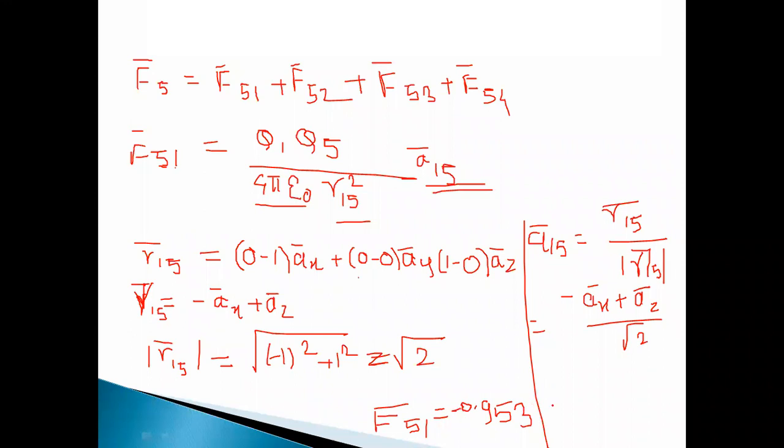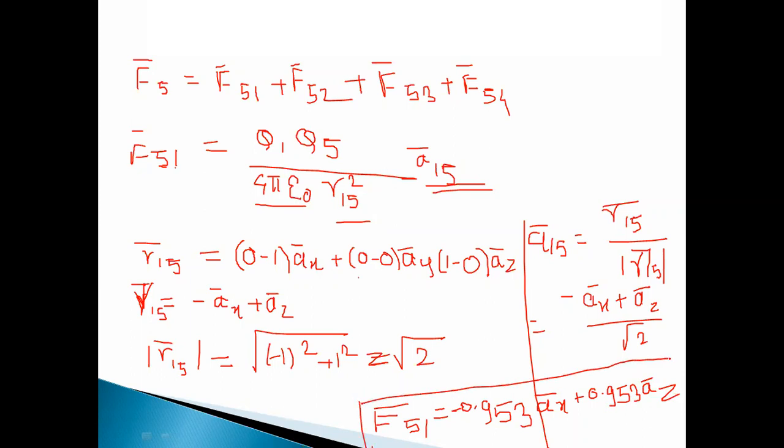So it will be minus 0.953 into unit vector a bar x plus 0.953, meaning you can take this 0.953 common, into unit vector a bar z. So this is your F bar 51.